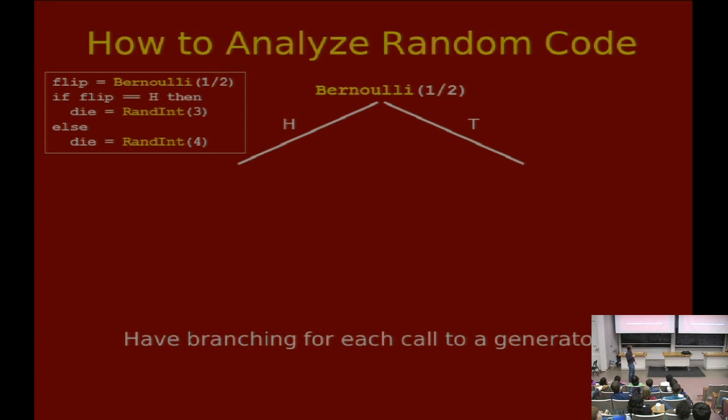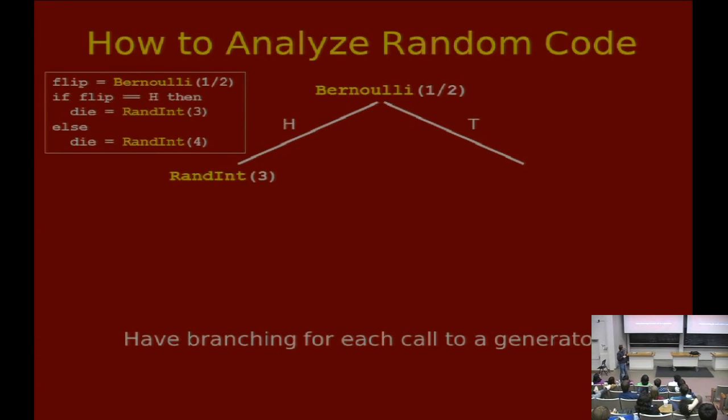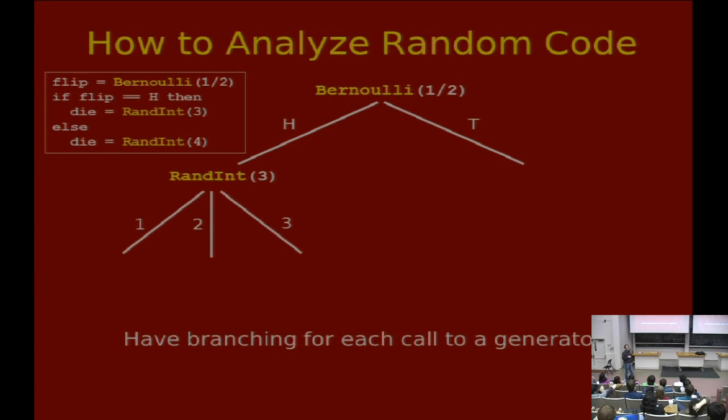Then you follow the code along each branch, to continue with each one. So here, if the flip came up heads, then the next call to a generator is a call to randint 3. So we write that here. It has 3 outcomes, 1, 2, or 3, so you put a branch for each. And if it came up tails, then you call randint 4, and you put a branch 1, 2, 3, 4 for each of the outcomes.